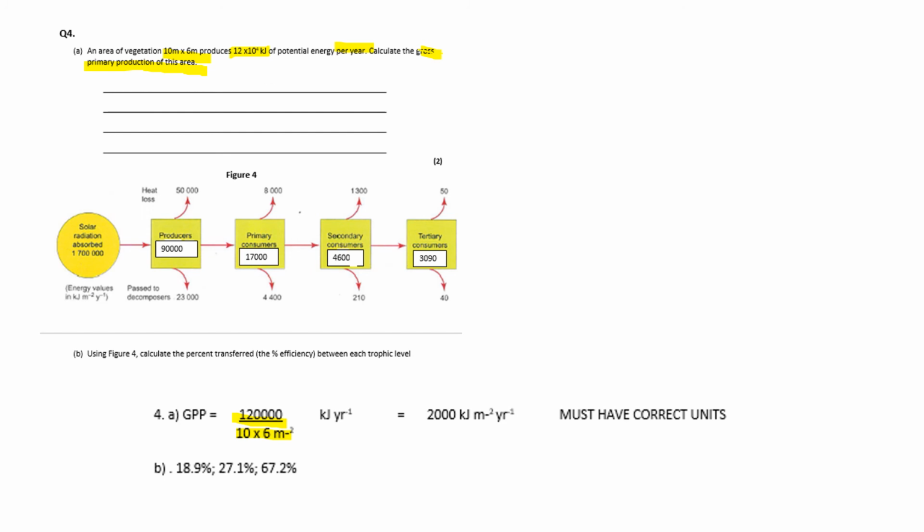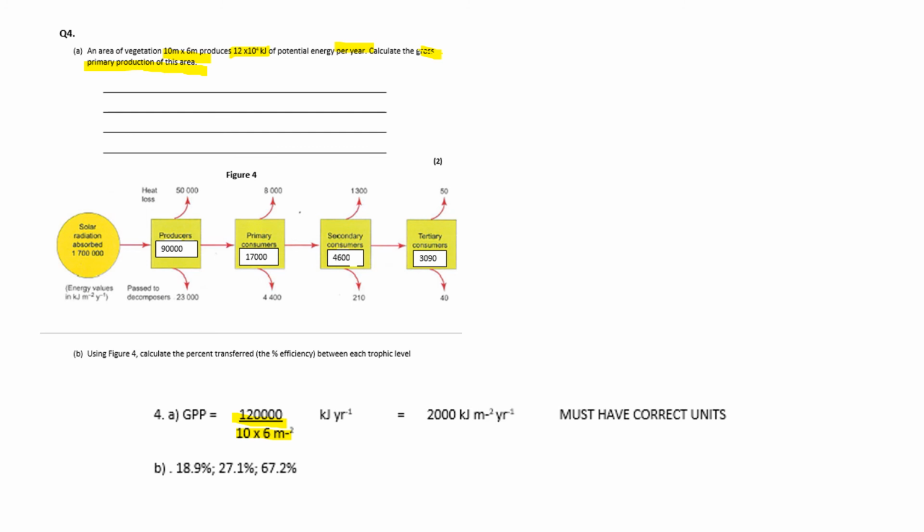So what you're going to do is to work out your gross primary productivity. You want to obviously find out how many kilojoules per meter squared. So you're going to divide the energy produced in that area in a year by the number of meters squared in that area to work it out per meter squared, because gross primary production is always calculated per meter squared or per hectare.